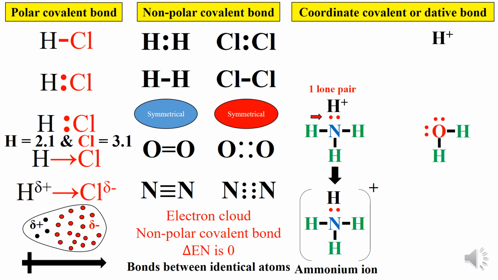And second example, protonation of water molecule. In the water molecule, you will find the oxygen atom is covalently bonded to 2 hydrogen atoms. And there are 2 lone pairs of non-bonding electrons on the oxygen atom.